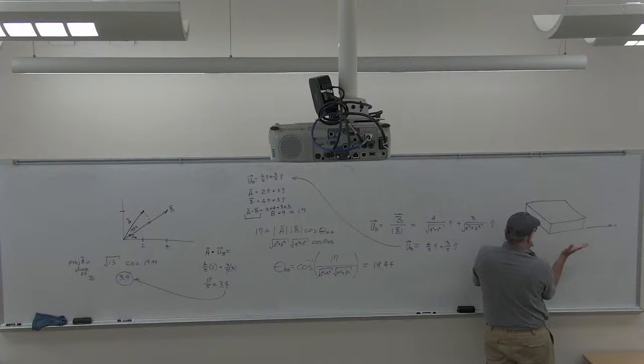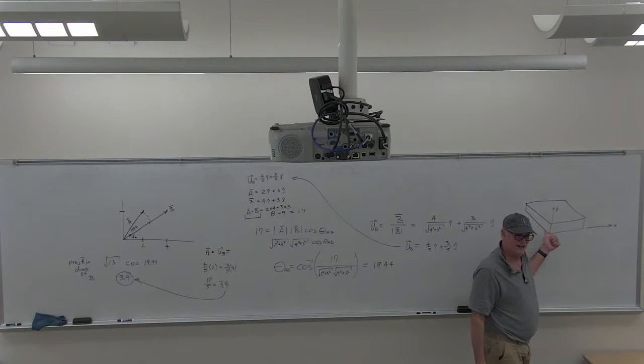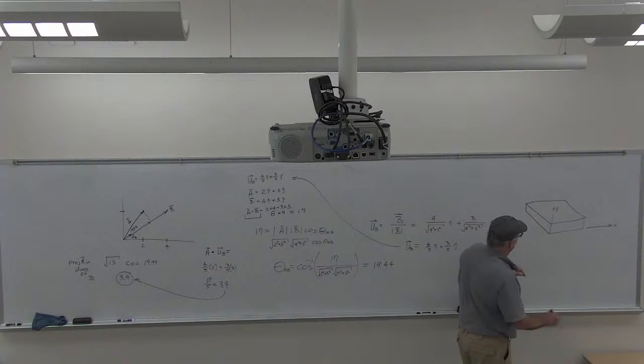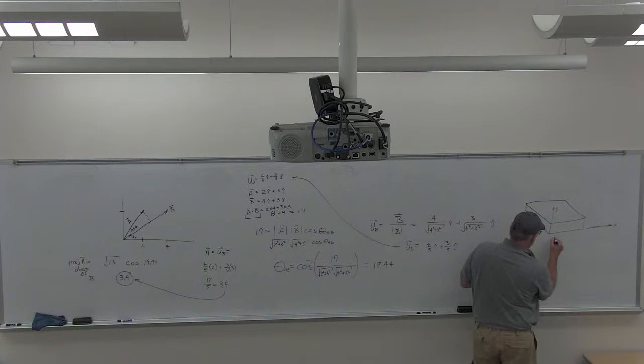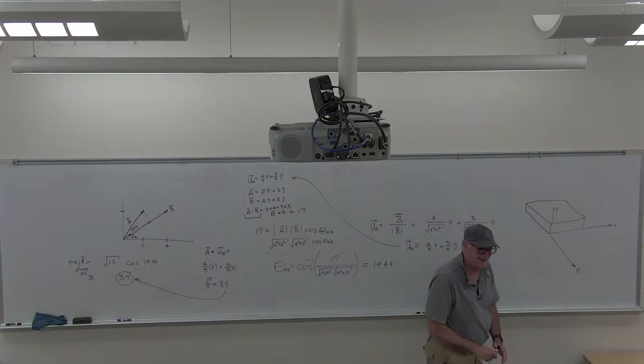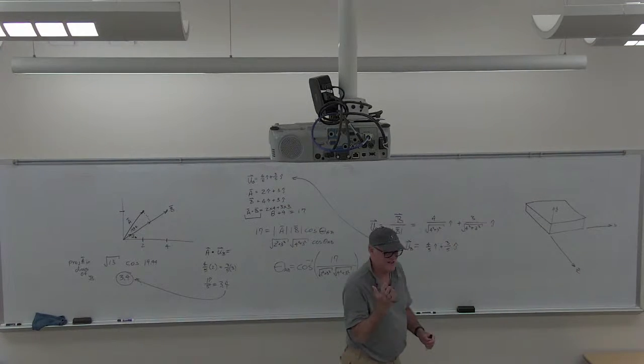If I do x and y, which direction does z go? This way or that way? Which way does the positive z go? The right hand runs it that way. You always have to use the right-hand coordinate system.